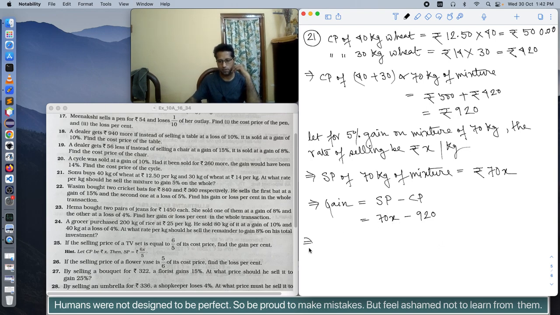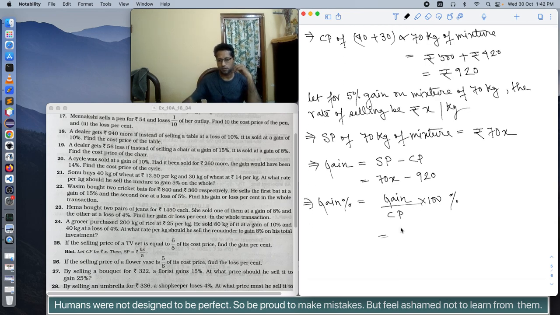This implies gain percent then will be gain divided by CP multiplied by 100. Gain we know is 70x minus 920, divided by CP, which is 920, and we have multiplied by 100, this much percentage.